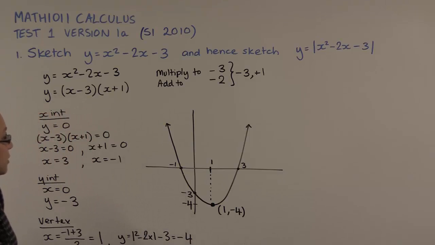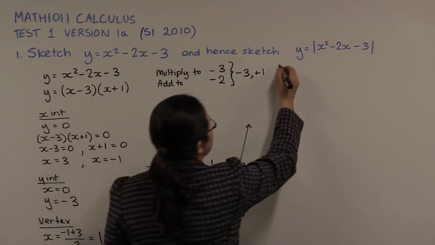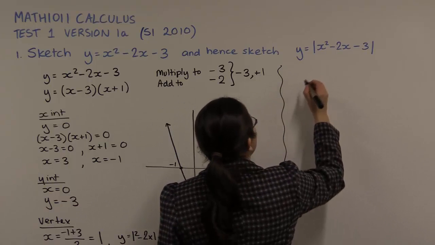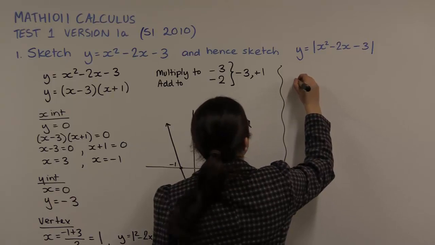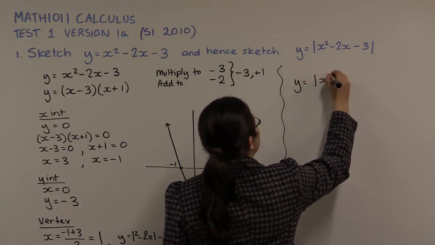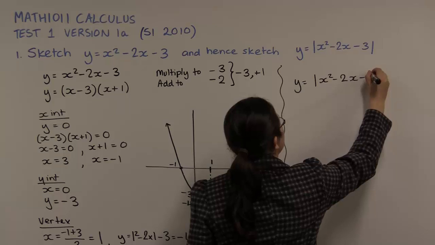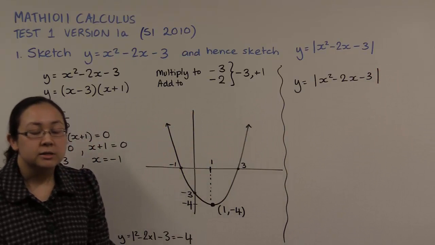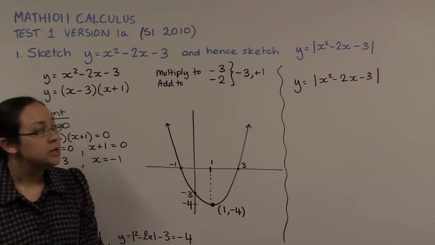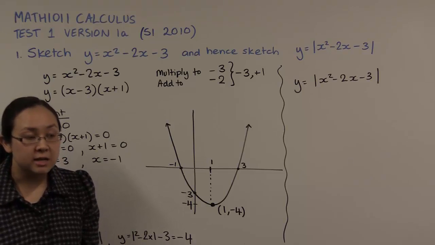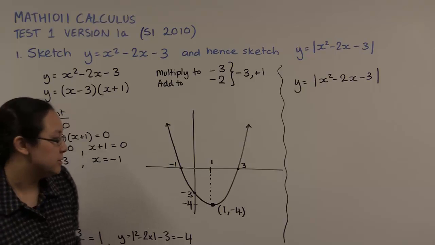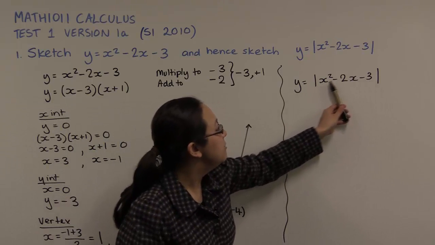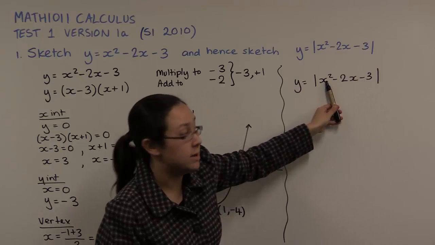Now the second part of the question asks us to sketch the absolute value of that quadratic. So I might just rewrite it so we know what's on this side of the board. When we absolute value a number, it's got to be positive at the end of the day. So when we absolute value negative numbers, they have to end up positive. So we're absolute valuing the y value that we've just graphed here, right?